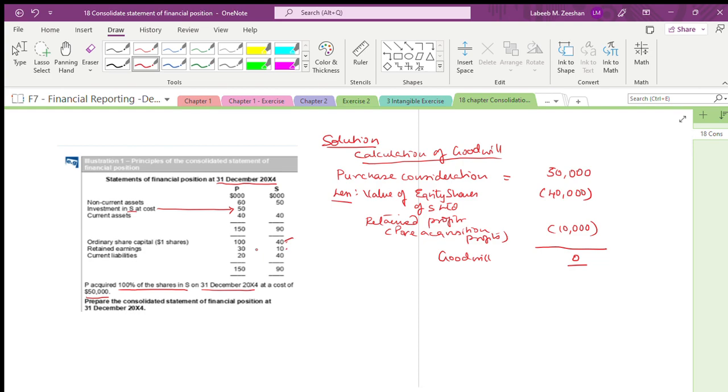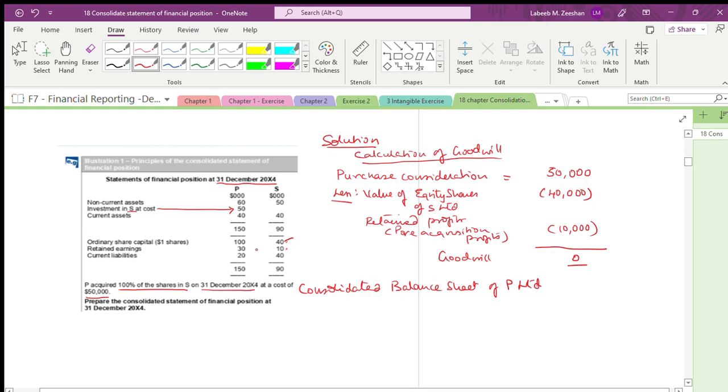Now what you are doing, you are making a consolidated balance sheet of P Limited only. We are not taking S Limited into consideration, as on 31st December 2004.